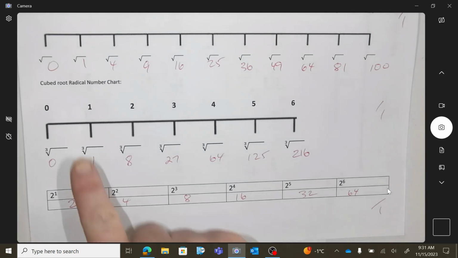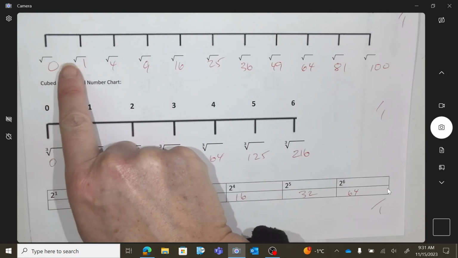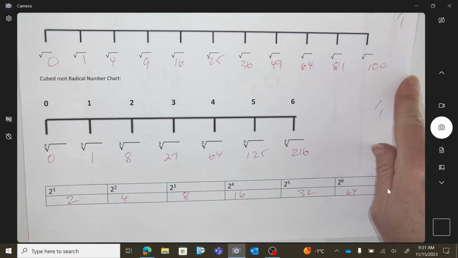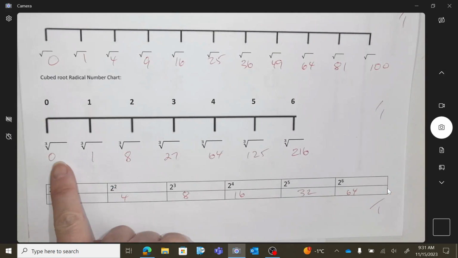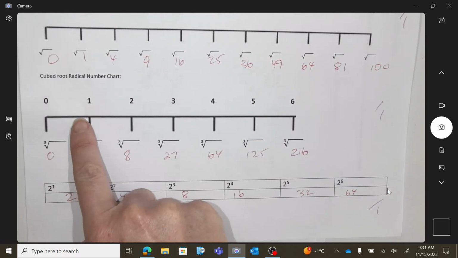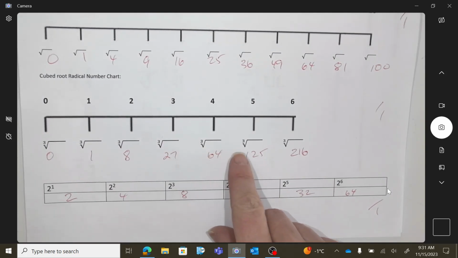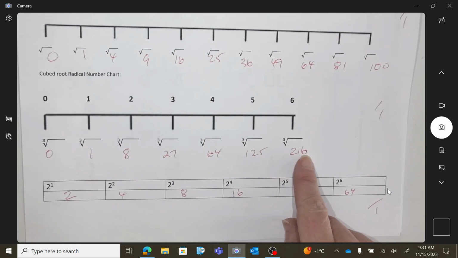Okay? So do you know all your square root numbers? Right? All the way to 10. Okay? I want all your cube numbers. So 1 cubed, 2 cubed, 3 cubed, 4, 5. Can we do 6? I know that we don't really run into it a lot, but I put it on there. So 6 cubed.